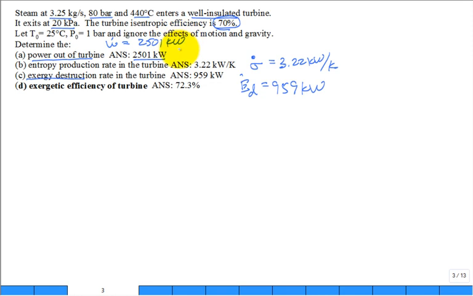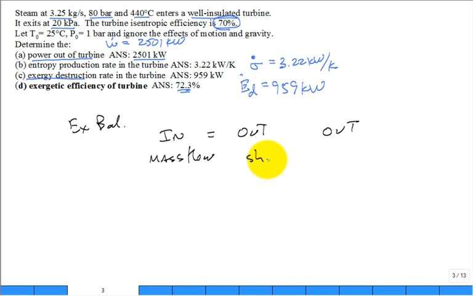The last part, what is the exergetic efficiency of the turbine? The answer we're going to get is 72%, but just write that exergy balance equation. So what is the in and what are the two outs? The in is with the mass flow.